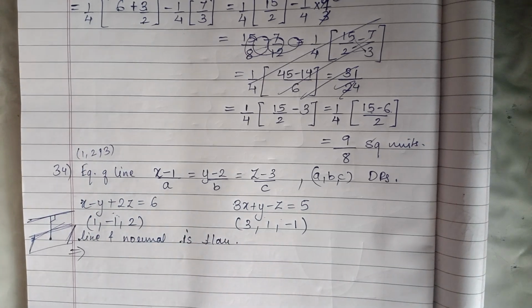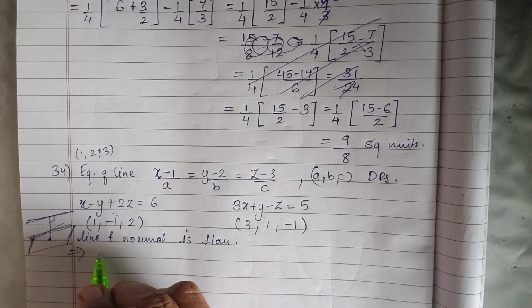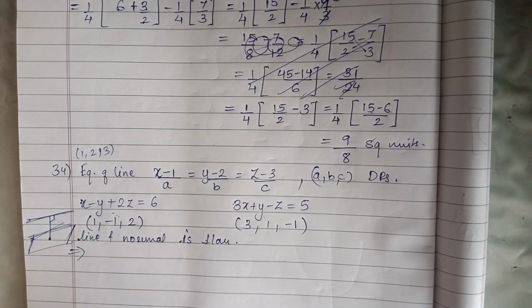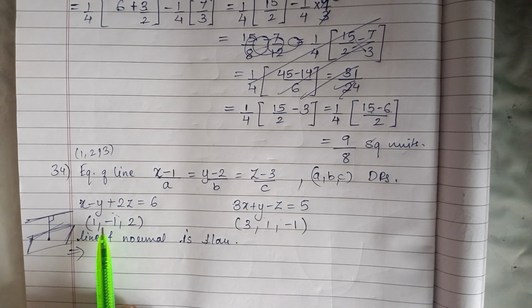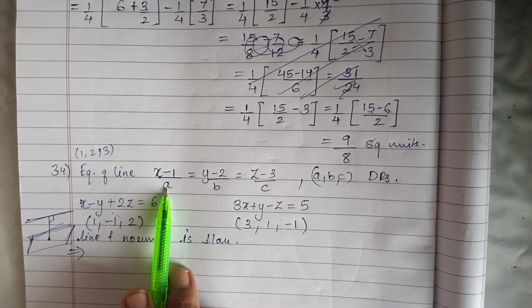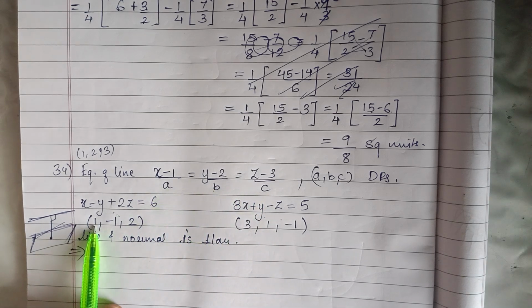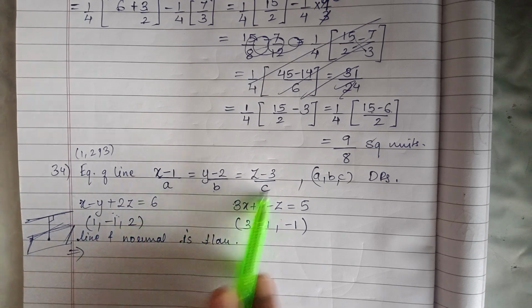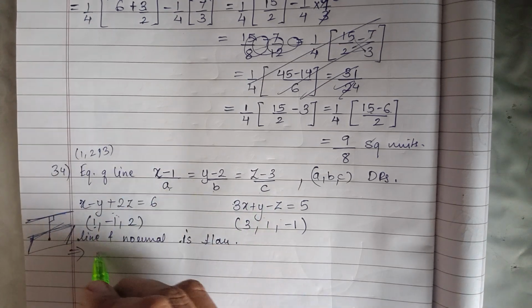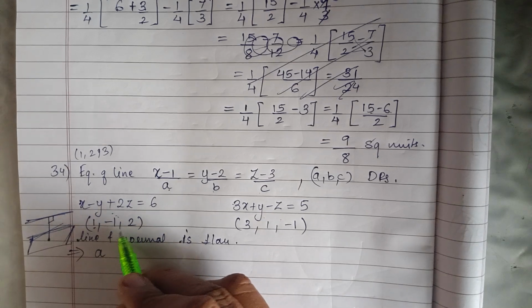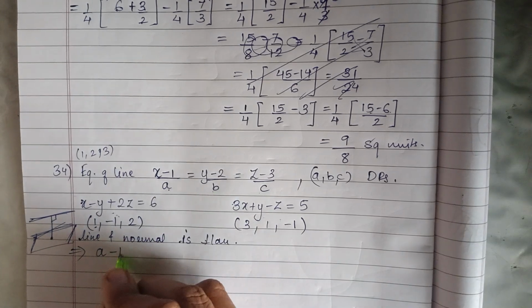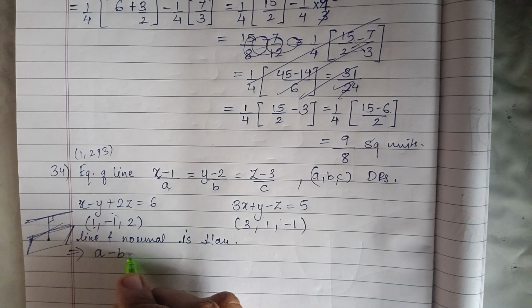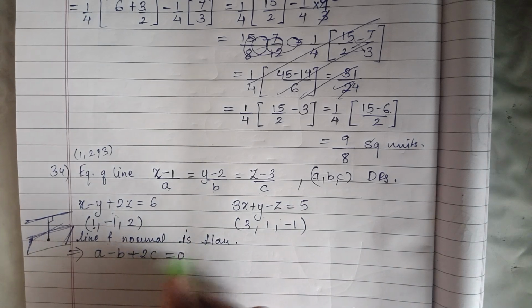Whenever it is perpendicular, we write A1 A2 plus B1 B2 plus C1 C2 is equal to 0. Correct? So here the direction ratios are A, B, C, and here the direction ratios are 1, minus 1, 2. So we'll get the equation as 1 into A minus 1 into B plus 2 into C equal to 0.